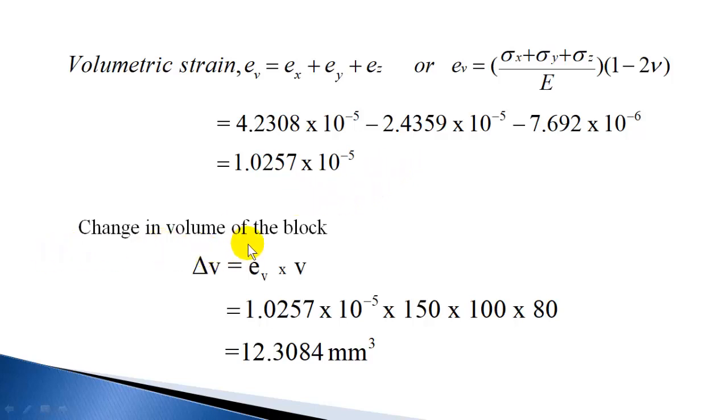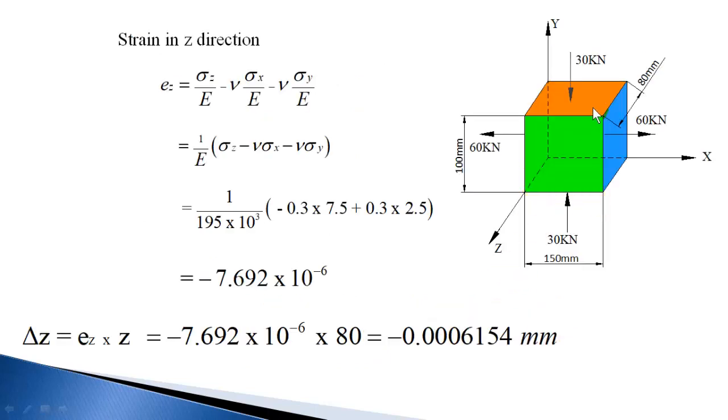Now the change in volume of the block you can find out as volumetric strain into volume of the block. So volumetric strain is 1.0257 into 10 raised to minus 5. The dimensions of the block are 150 into 100 into 80. So 100 into 80 will give this area, into length 150, which will give the volume.